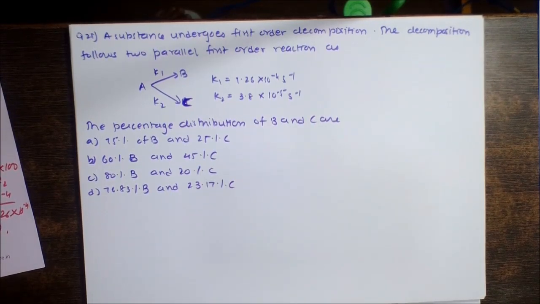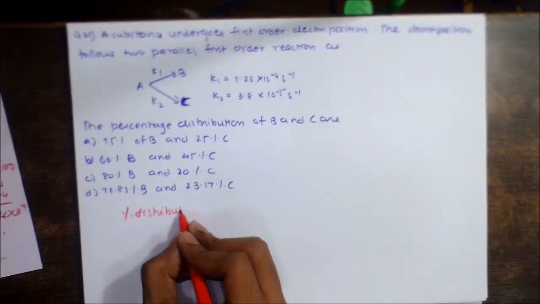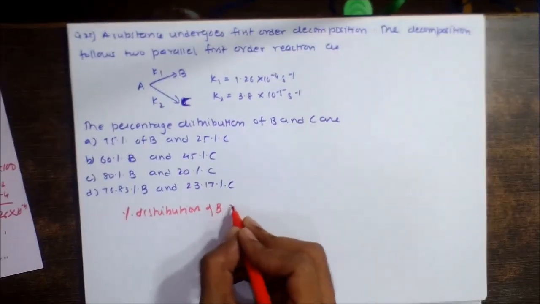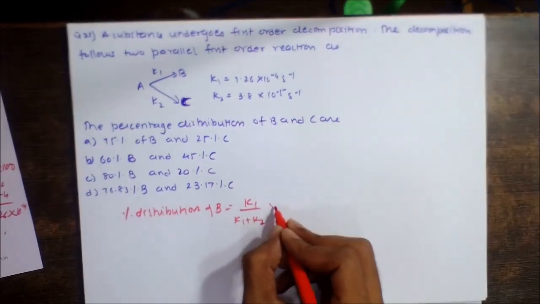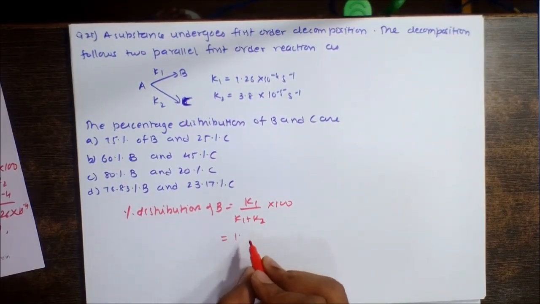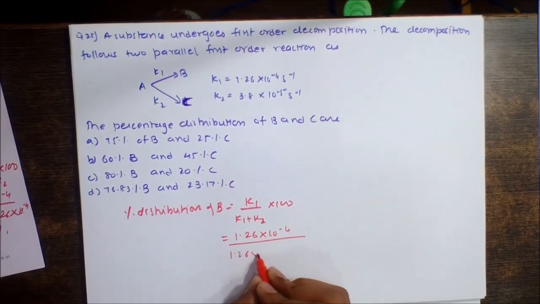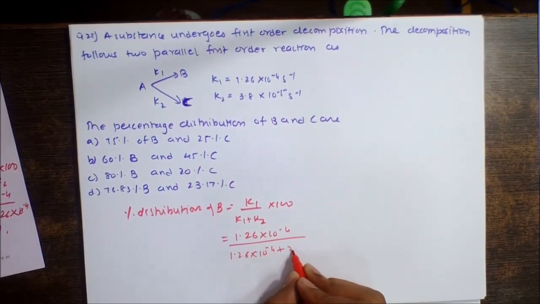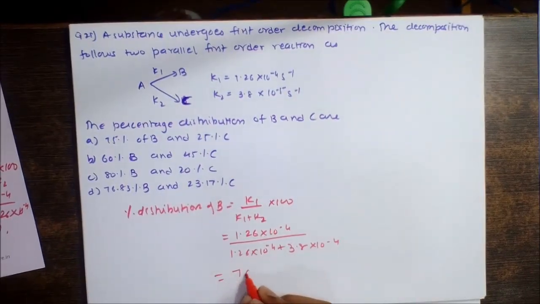Calculate the percentage distribution of B and C. Percentage distribution of B would be equal to K1 upon K1 plus K2 into 100, which equals 1.26 into 10 raised to minus 4 upon 1.26 into 10 raised to minus 4 plus 3.8 into 10 raised to minus 5, which is approximately 76.83%.